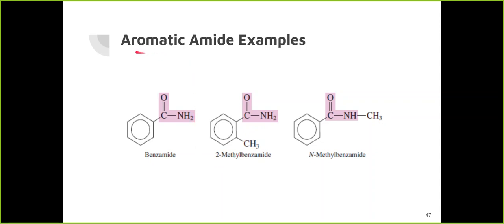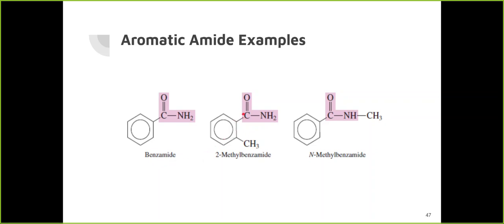If you have aromatic amides, it takes the root name benzamide. Just like we had benzaldehyde and benzoic acid, here we get benzamide. It's a benzene ring attached to this amide functional group. This is just your R chain, but it takes the root name benzamide.